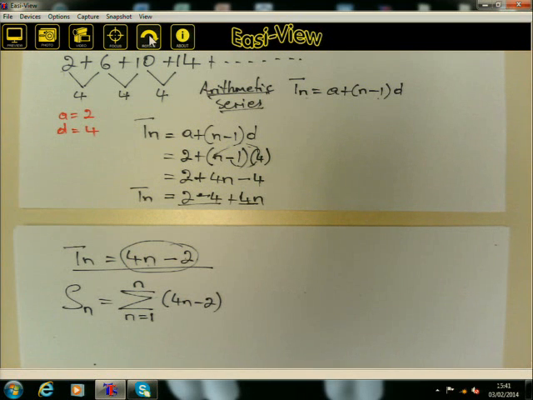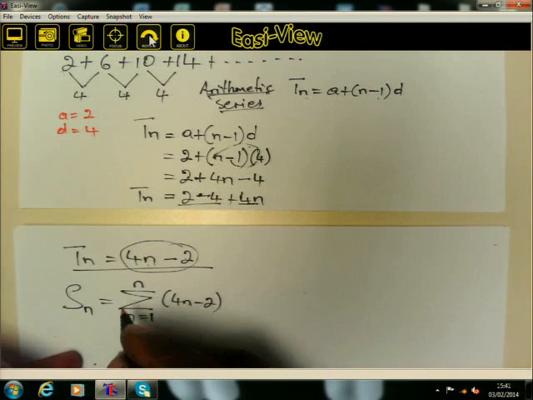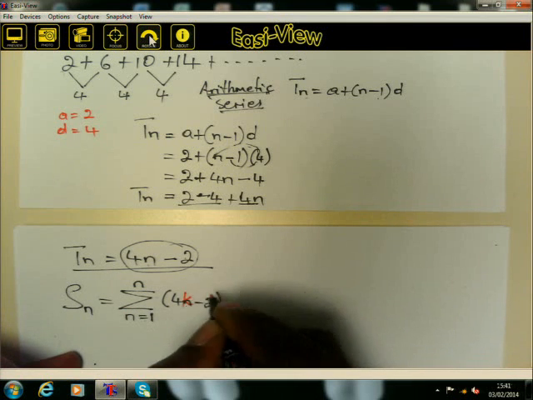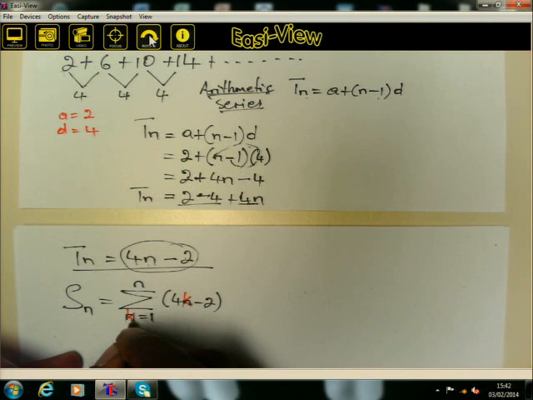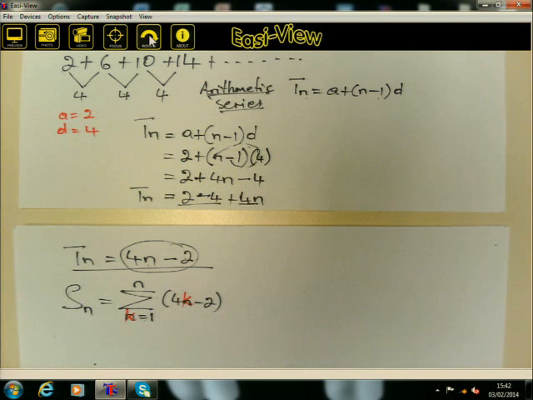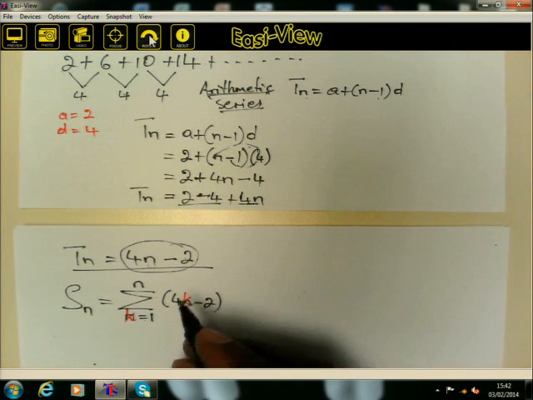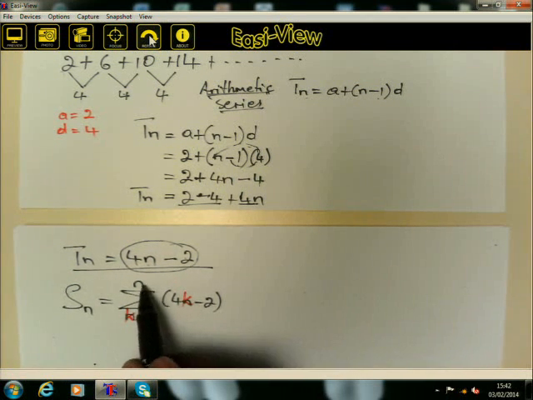This is what you can have. So it means the sum up to n terms for this one will be given by that. To say the sigma notation, n starts from 1 up to, let's change the symbol so that we don't get confused. Let's say for an example this one will be our k, and then k starts from 1 up to n.